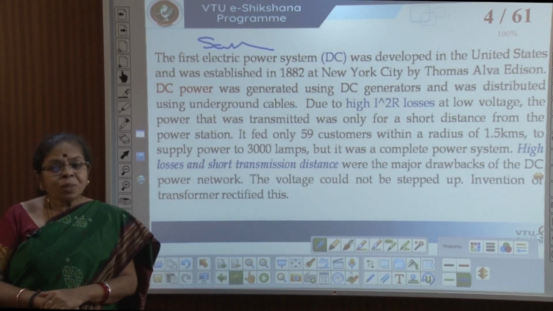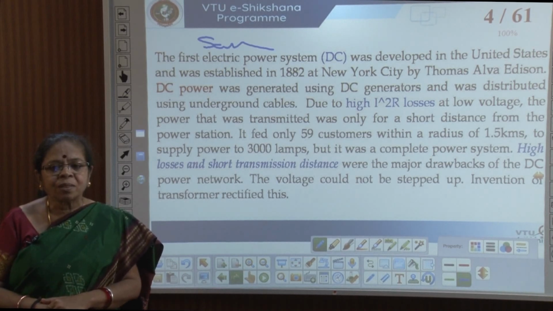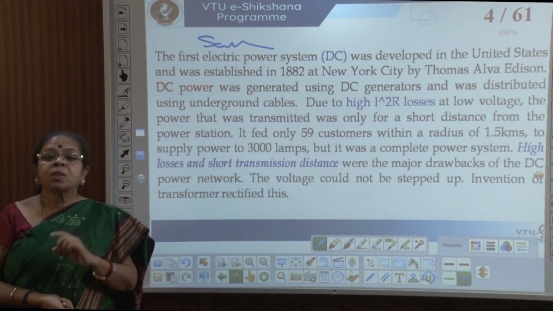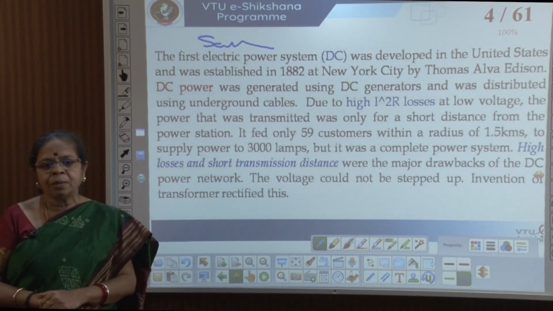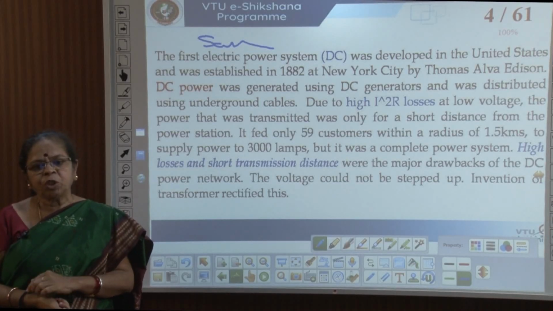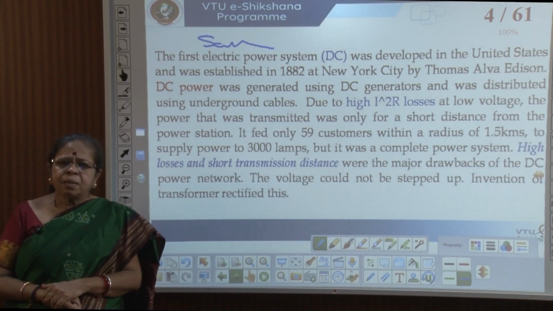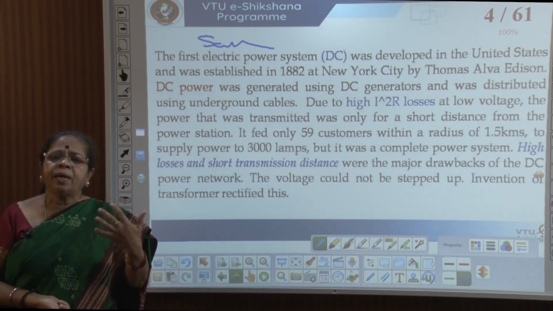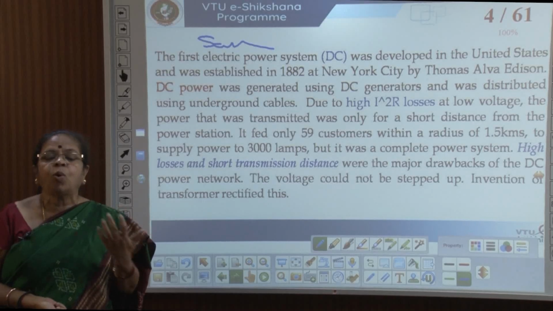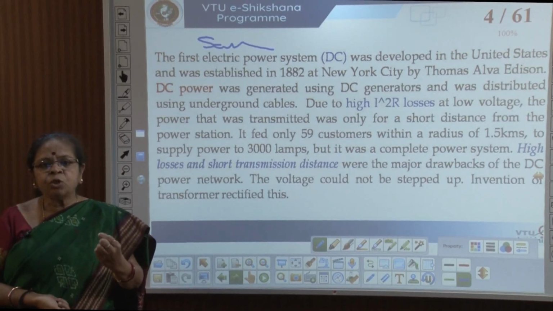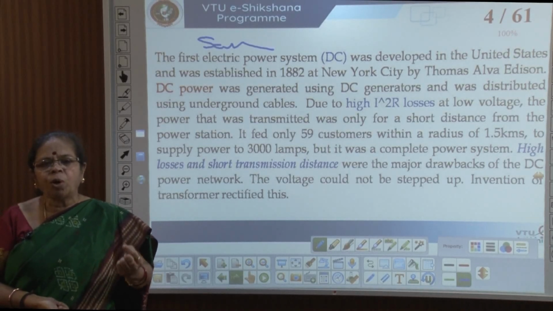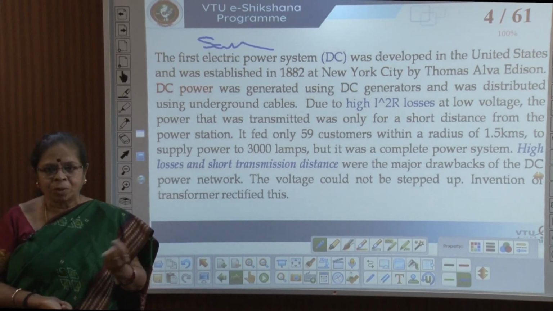So what was the characteristic of this first system? It was high losses, remember that, and short transmission distance. If you read the history of any technology and how it evolved, it is these drawbacks which make us want to improve something more and more.